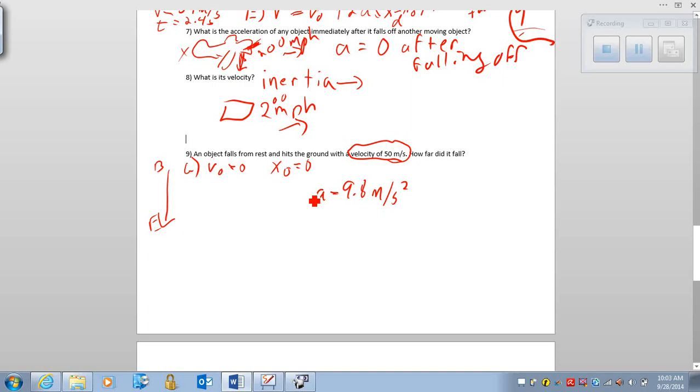So none of that was given to us, but that is what you are supposed to infer just by the fact that it says the object falls from rest. That's how I got all three of those numbers. The one piece of information they do give us is that down here their final velocity is equal to 50 meters per second.